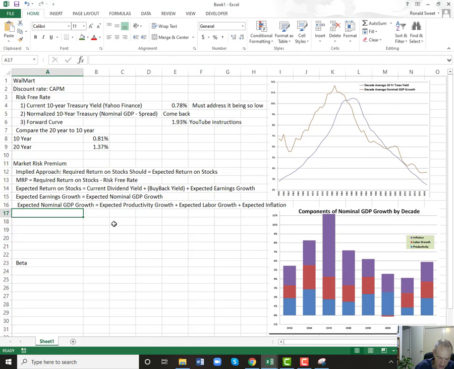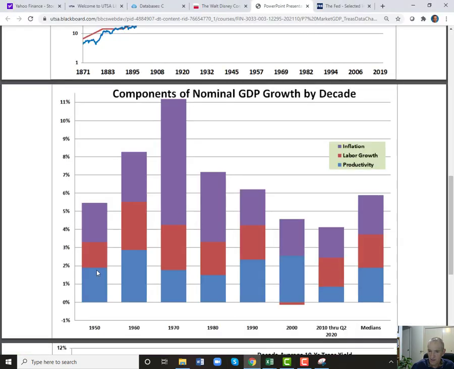So we can say productivity growth expected. Historically, when you look at this, I'll go back to the bigger picture, it's been 2 to 3%, 2%, 1.5%, 2.5%, 2.5%, less than 1. This last decade has just been abysmal. But the median's been 2%.